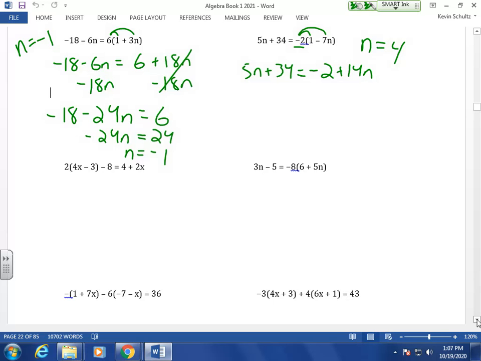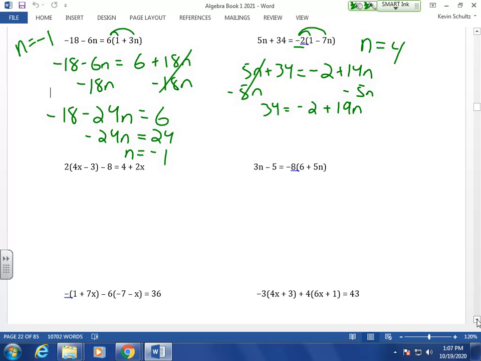Do you want to move your ends to the right or to the left? To the right. So to do that, we're going to subtract 5n from both sides. Use opposite operations here. We're left with 34 equals negative 2 plus 9n.